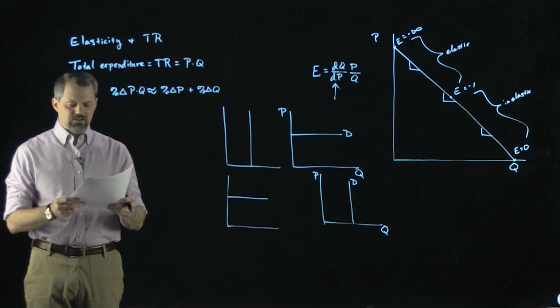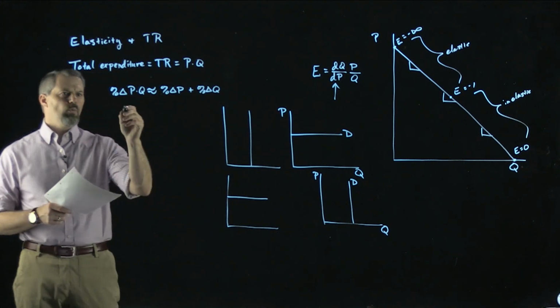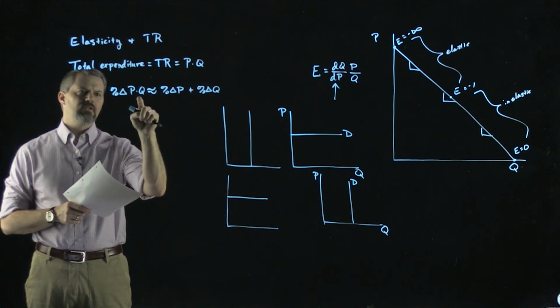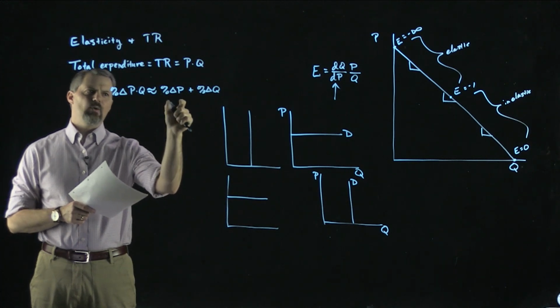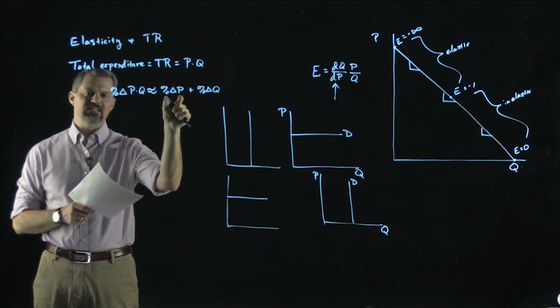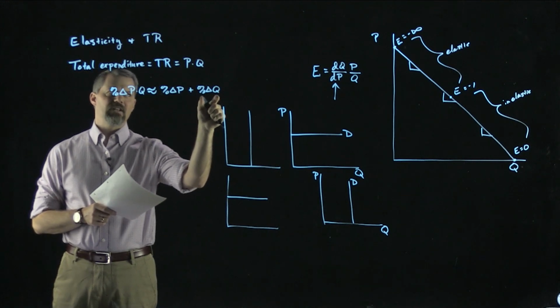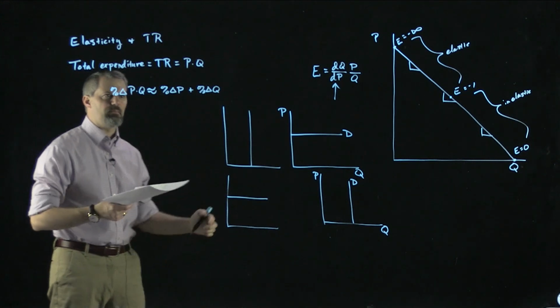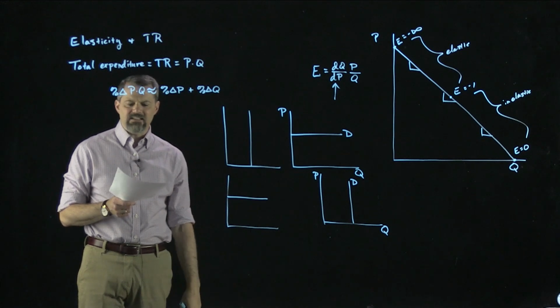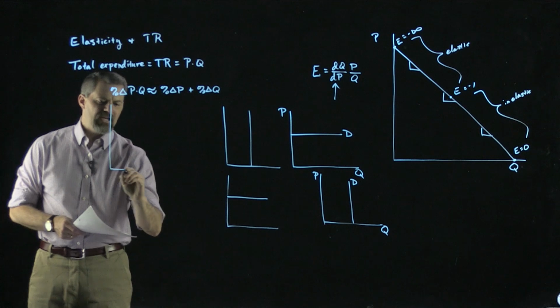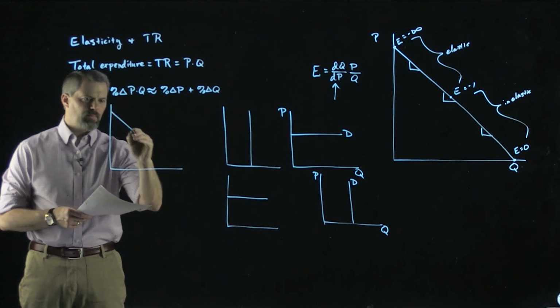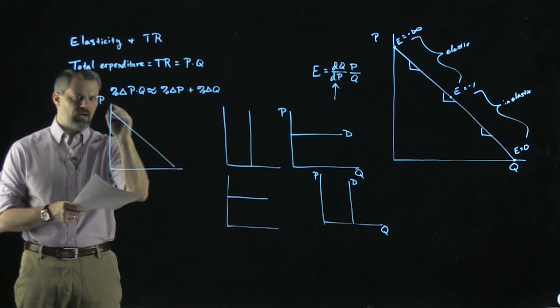So here's what we can do. We can see how much total revenue changes in percentage terms by knowing something about how much price is going to change relative to how much quantity is going to change. And remember, an elasticity tells us that. So if we were to think about a demand curve, let's have our price and quantity.